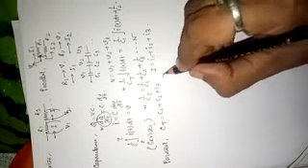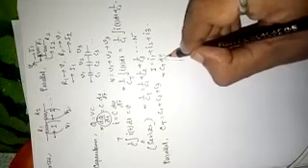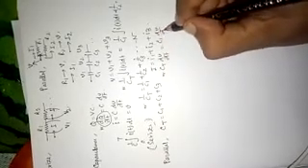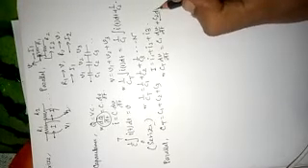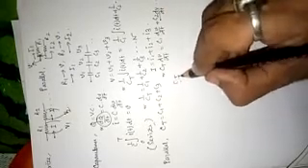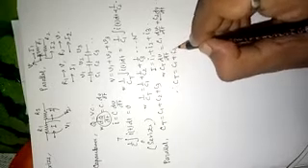So you can write Ct dv/dt, because of the same voltage, equals to C1 dv/dt plus C2 dv/dt, etc. Therefore Ct equals to C1 plus C2 plus C3.